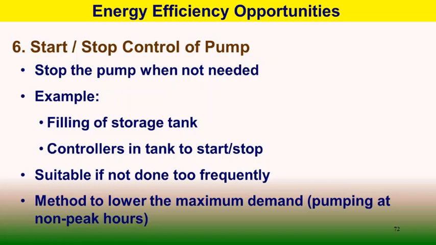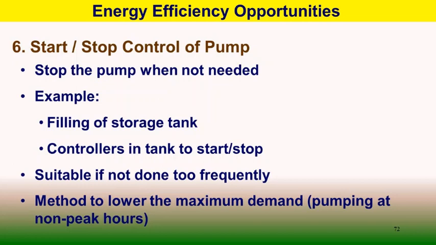Naturally this option is applied when we try to fill a storage tank at a constant, steady rate of flow, or we have controllers installed for minimum and maximum level, according to which the pump starts and stops automatically. This way it can be incorporated for better management of energy efficient operation.